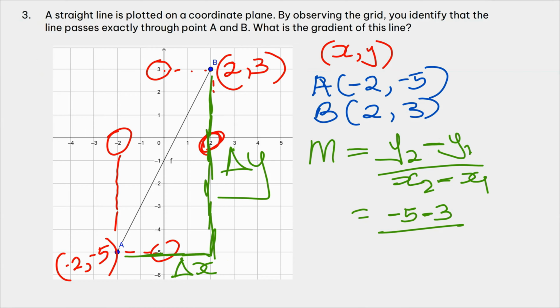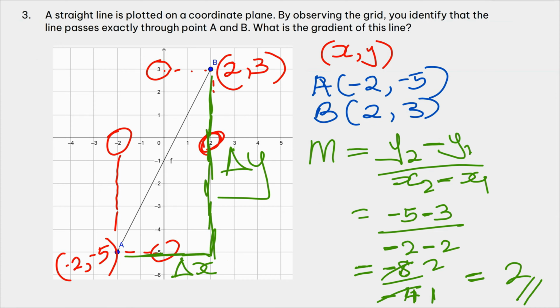And for x2 we have negative 2 minus 2. So negative 5 minus 3 gives negative 8, and down here we have negative 2 minus 2, negative 4. We simplify them. Negative 8 over negative 4 gives 2. So our gradient is 2. That's how we do it.